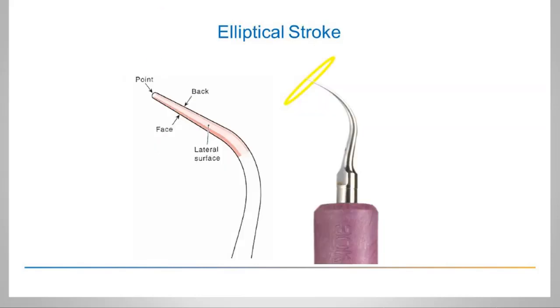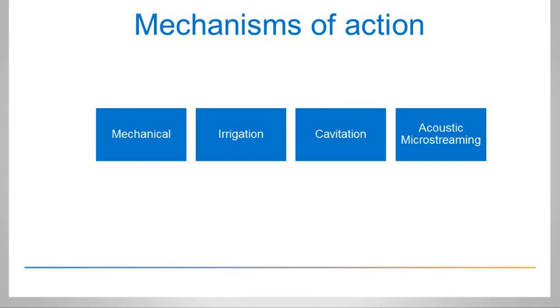So what type of stroke do we create? We're creating an elliptical stroke with a magnetostrictive instrument. This means that all surfaces of the instrument are active. Let's take a closer look now at the mechanisms of action. We have 4 key mechanisms of action: the mechanical, irrigation, cavitation, and acoustic microstreaming.